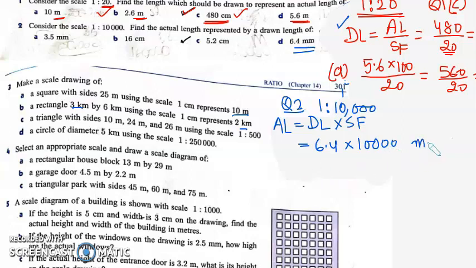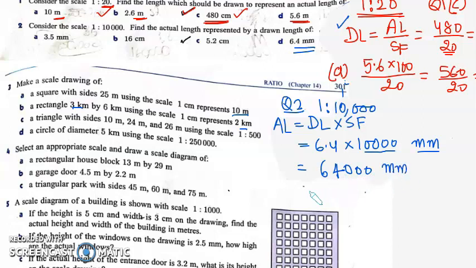The unit will be millimeter, since we use the same unit as given, 6.4 millimeter. Now if you multiply it, you get 64 and how many zeros? There are 4 zeros here, so 1, 2, 3, 4. It will be 64,000 millimeter.